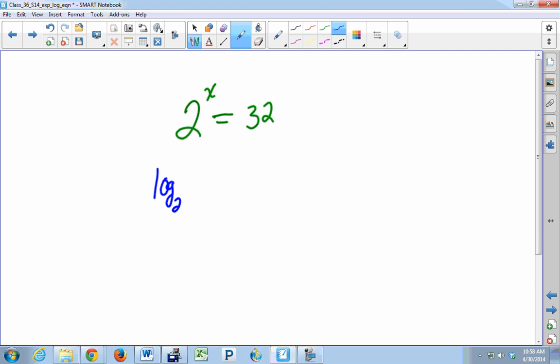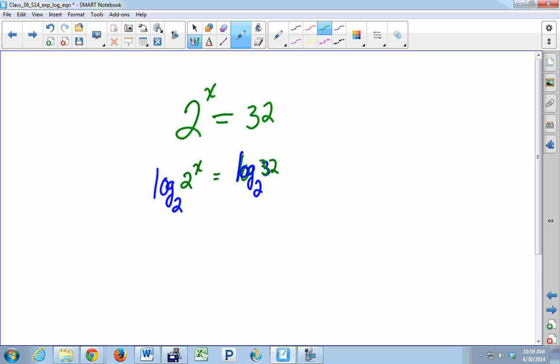Log base 2 of 2 to the x equals log base 2 of 32. As long as you have a calculator, you're really fine. In some ways, this makes a little more sense to us because we're undoing an exponential of base 2, a 2 to the x, with log 2, its inverse.